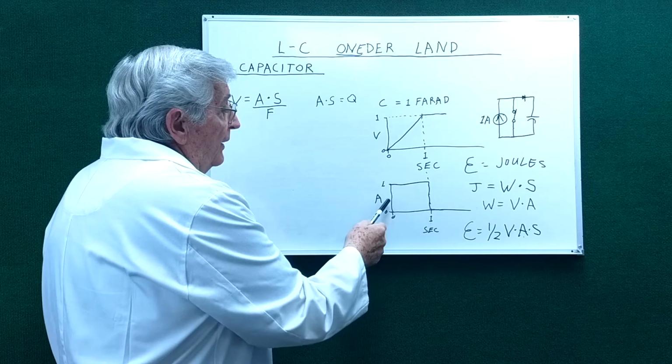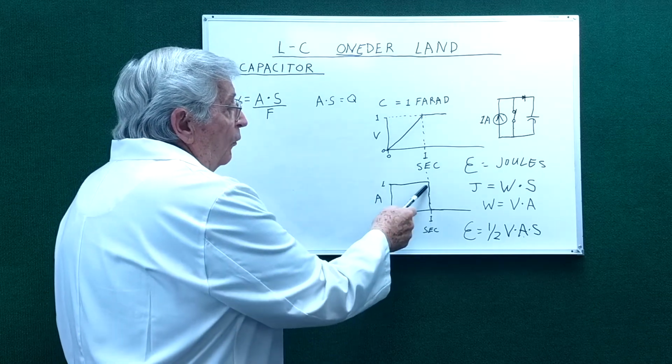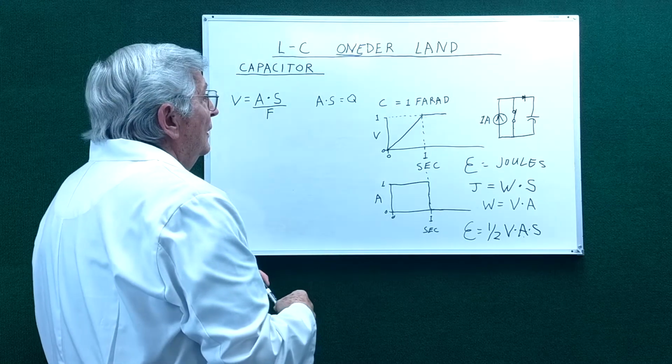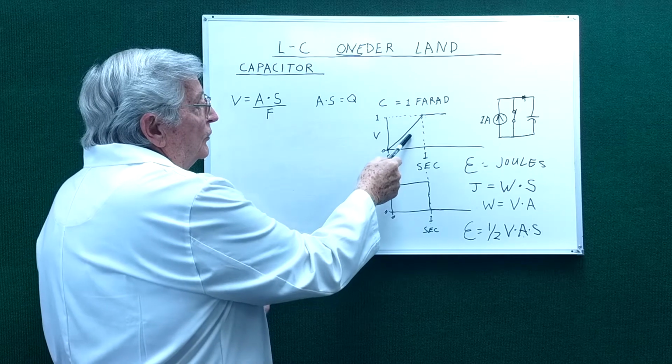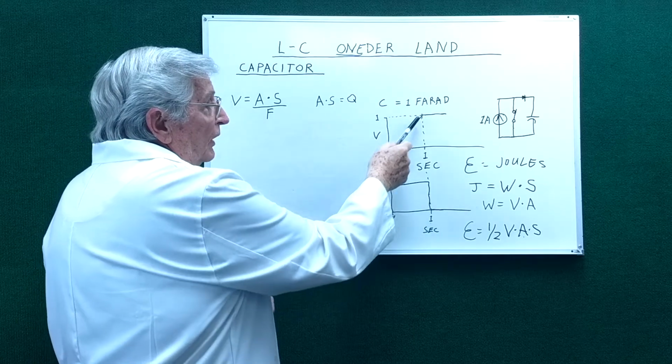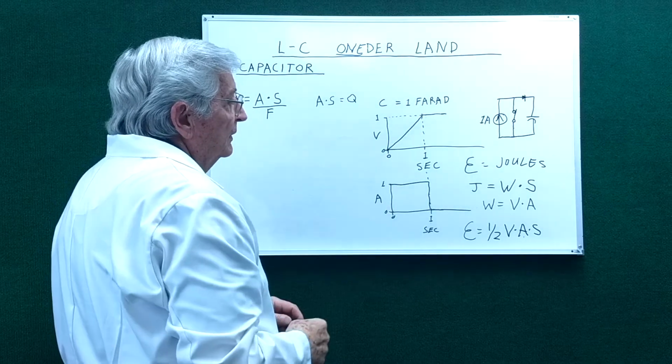So for a time period of 1 second, we apply 1 amp to the capacitor. And this equation tells us that the voltage will do this. It will linearly ramp up to 1 volt.